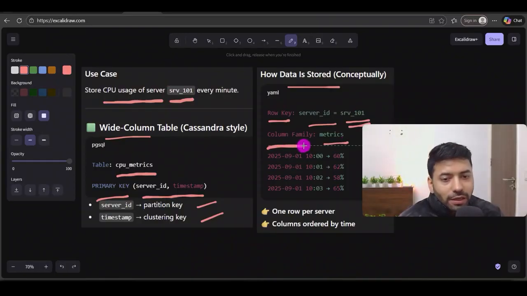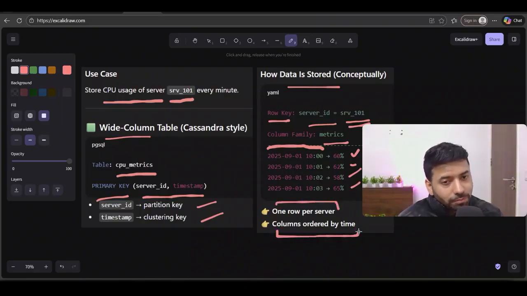You can clearly see this is the date and this is the time, and corresponding to it we have kept the value, and the next minute we store another value, and at 10:02 another value, 10:03 another value. So we have one row per server and columns are ordered by time. Corresponding to this row key, which is your server ID, we keep all the data based on time, already ordered by time. That's why it follows the needs required for time series data.